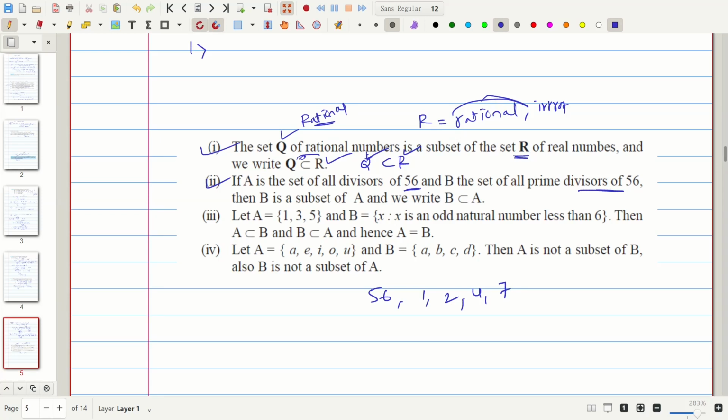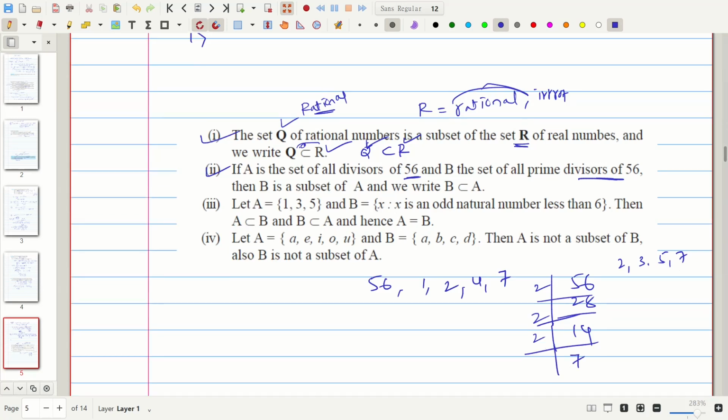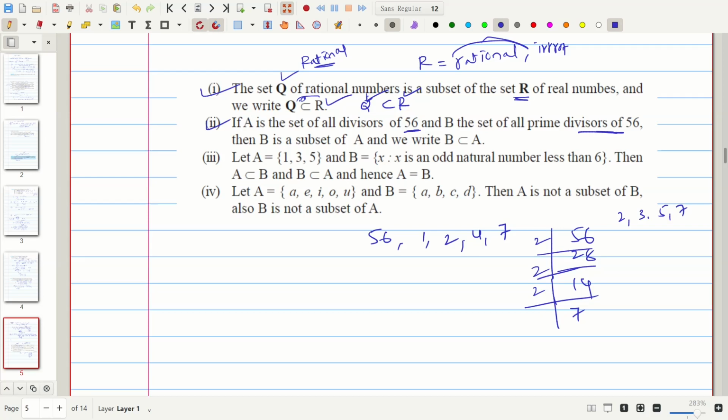Now if 56 is divided by prime numbers, the prime numbers are 2, 3, 5, 7. So 2 twenty-eights are 56, 2 fourteens are 28, 2 sevens are 14, and 7 ones are 7. The prime factors here are 2, 2, 2, 7.